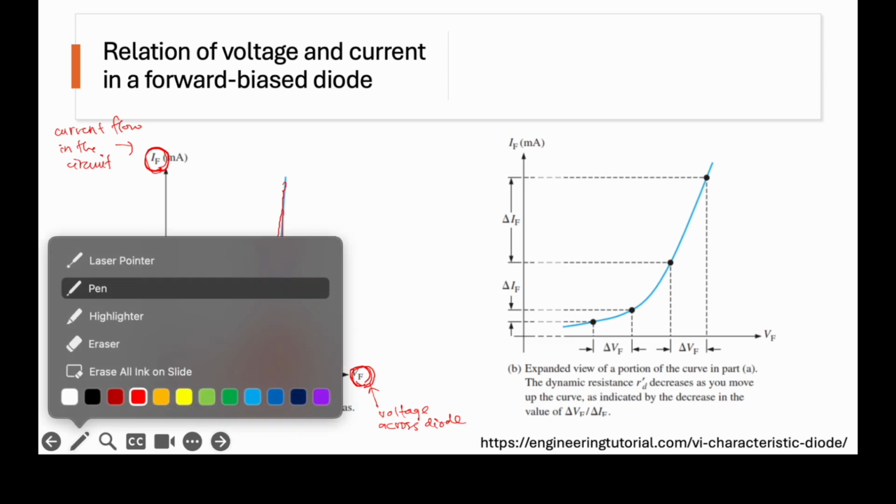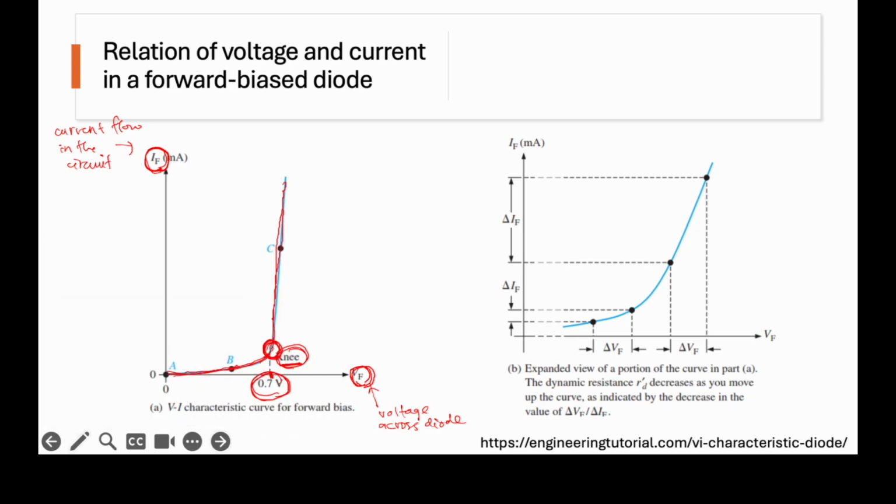So that's why sometimes we also mention the 0.7 volts as the knee voltage, which is VK. There is also another name for this 0.7, which is voltage drop, VD.